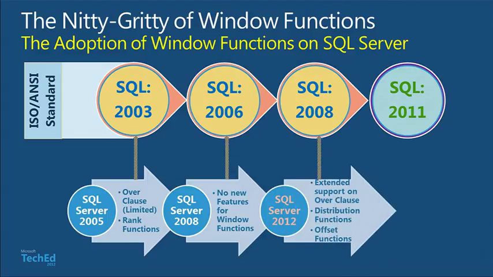In the latest release, 2012, extended support for the OVER clause is implemented, and we also introduced 4 new distribution functions and 4 new offset functions. What is the next version? I don't know. Are there any Microsoft people here? Okay, but I believe in the next release much richer support for window functions will be implemented.